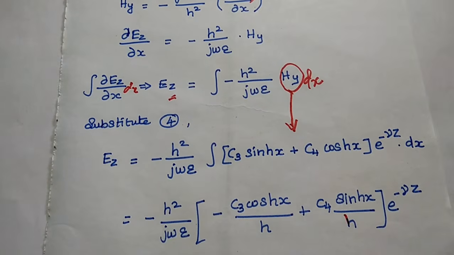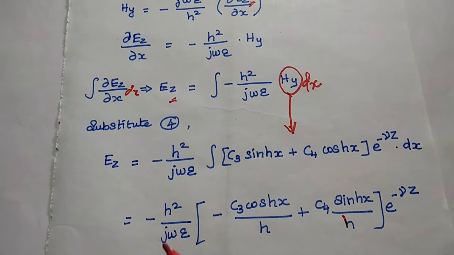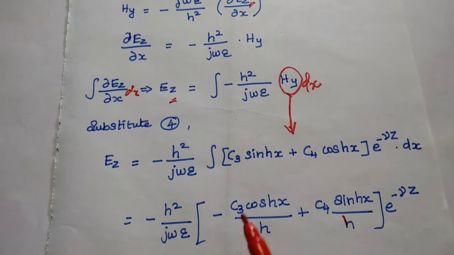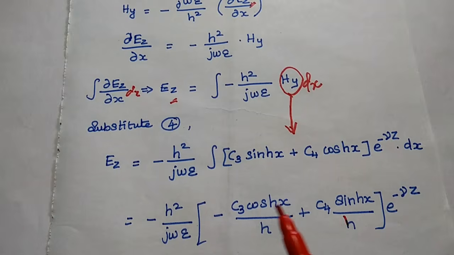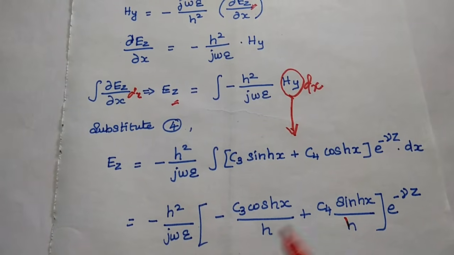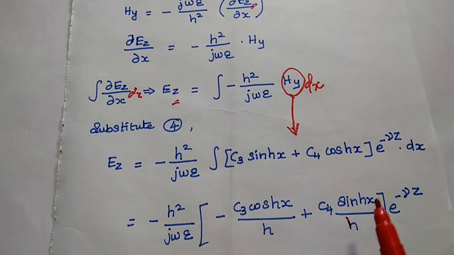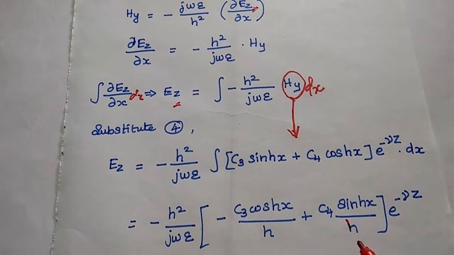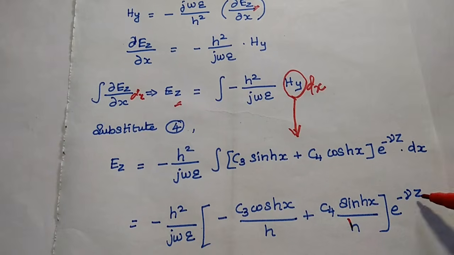Okay. Then we can get Ez is equal to minus h squared by j omega epsilon into integration of sin is minus cos. So minus C3 cos hx by h plus integration of cos is sin, so C4 sin hx by h e power minus gamma z.